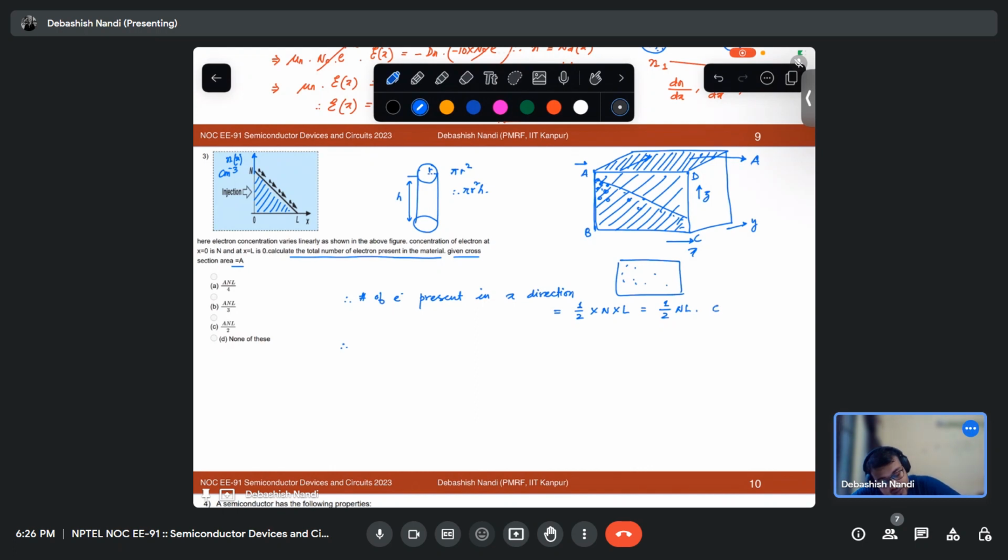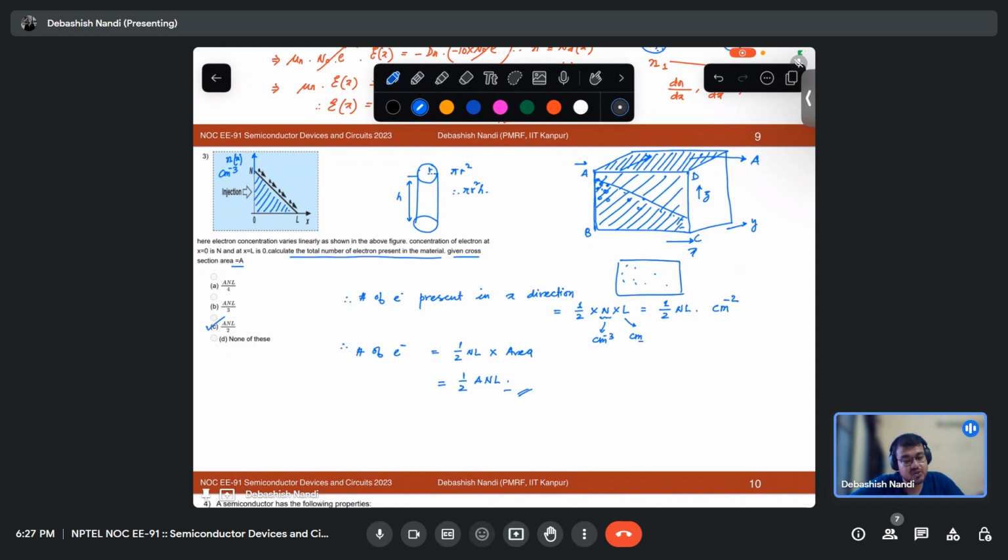This will be centimeter square. This is centimeter cube, this is centimeter, so it will be centimeter to the power -2. So the total number of electrons would be half NL into area, that is half ANL. So this will be your right answer.